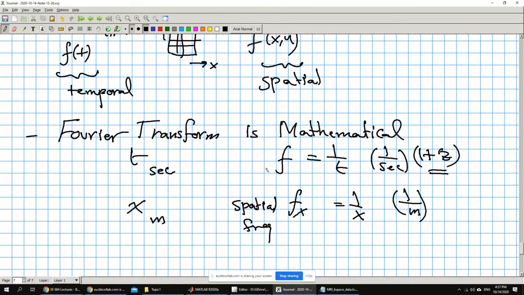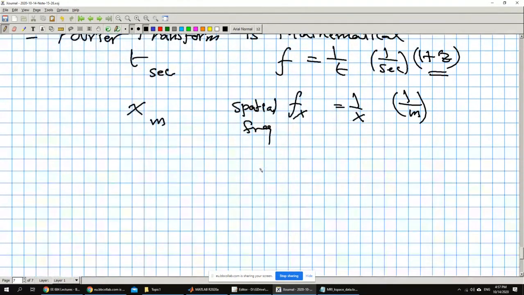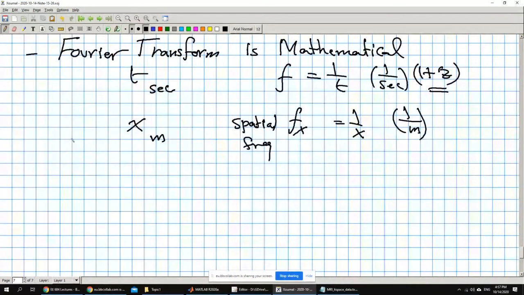But how about two-dimensional? In two dimensions, we extend the same definition of the Fourier transformation to have both, so you have f of fx, fy. Some people, at least in the MRI community, like to call this kx instead of fx, and they call the frequency domain the k space, because it has kx and ky.